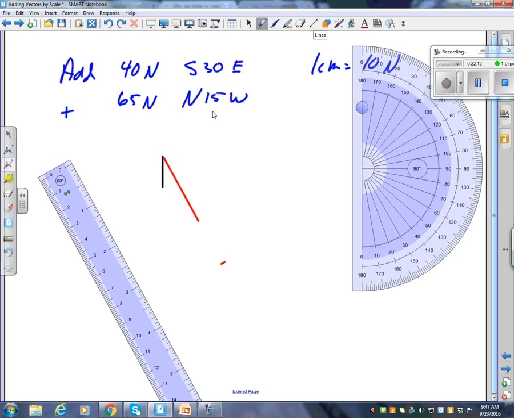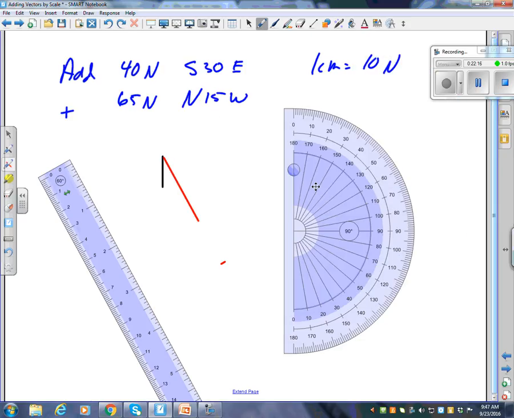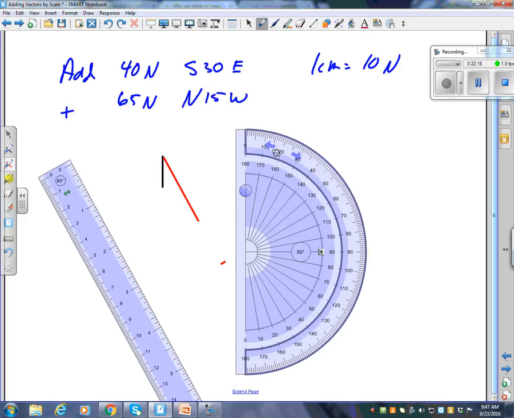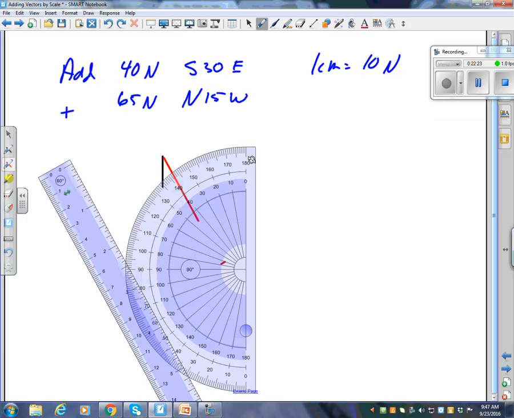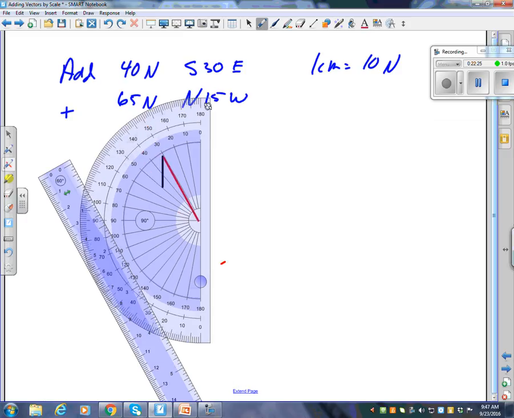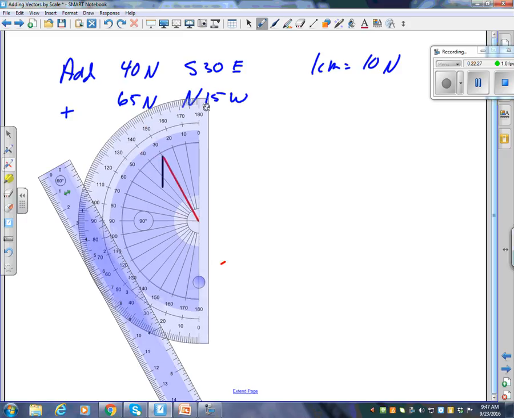Then from here, you're going to draw another reference line, north 15 west. So bring in the protractor again, north 15 west. So I got to rotate it all the way around. From there, north 15 west, north 10, 20, 15 is going to be like there. And it's going to be 65.